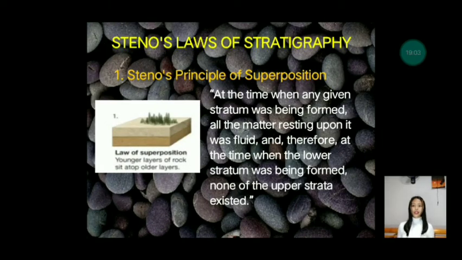So, Steno's laws of stratigraphy: Steno's principle of superposition. At the time when any given stratum was being formed, all the matter resting upon it was fluid, and therefore at the time when the lower stratum was being formed, none of the upper strata existed.